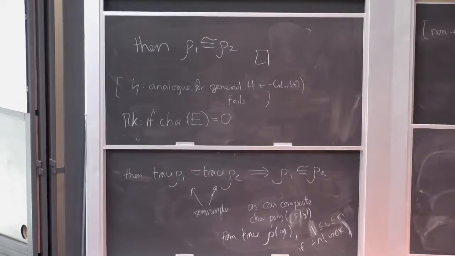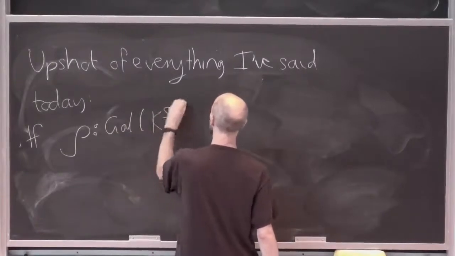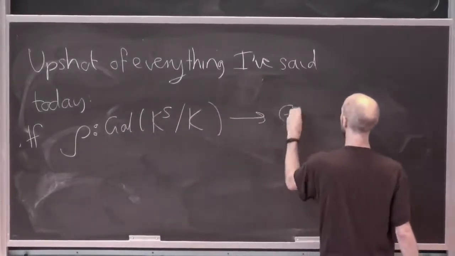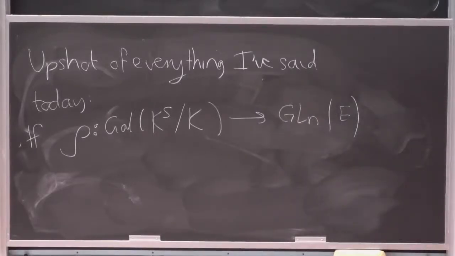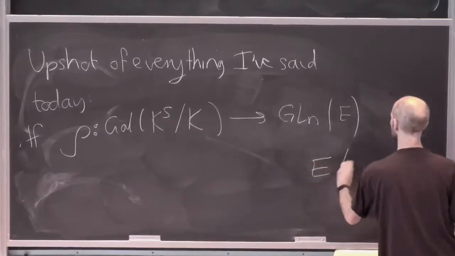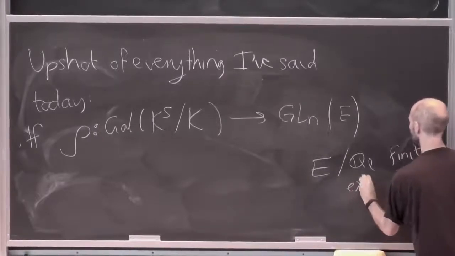So what's the upshot of everything I said today? I've got some L-adic representation, rho from Gal(k^s/k) to GL_n(E), where, if these are representations of global Galois groups, then probably E is some finite extension of Q_l.